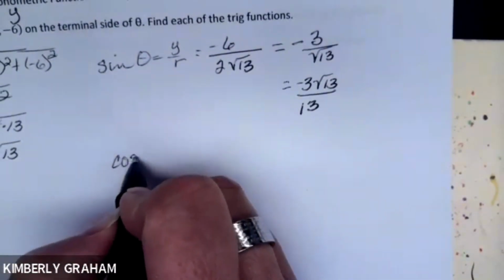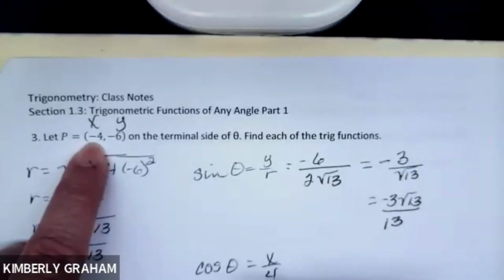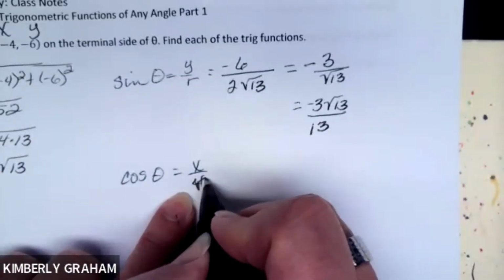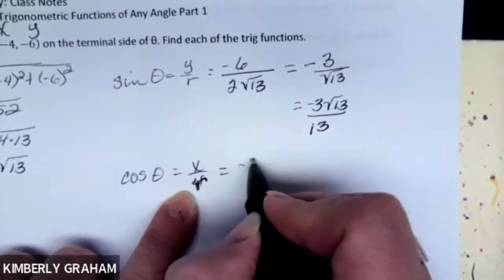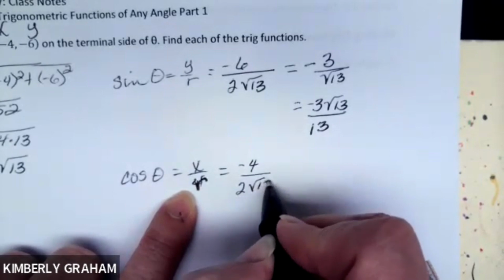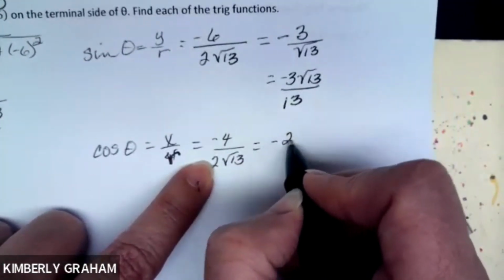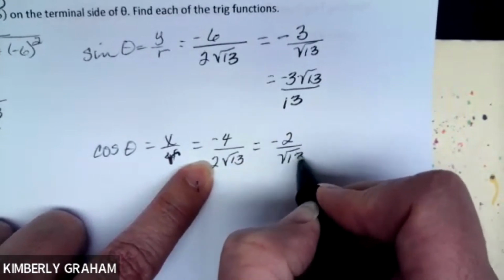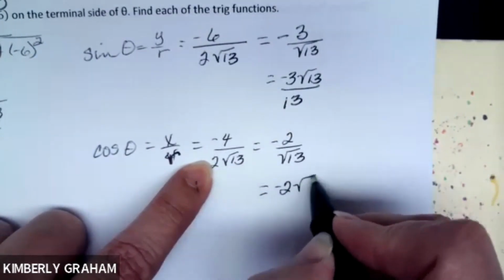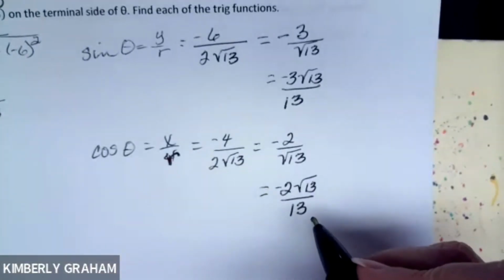Okay, so cosine of theta is x over r, and x is -4. So I've got -4 over 2 times the square root of 13. This is -2 over the square root of 13. Rationalize my denominator. I have -2 times the square root of 13 over 13.